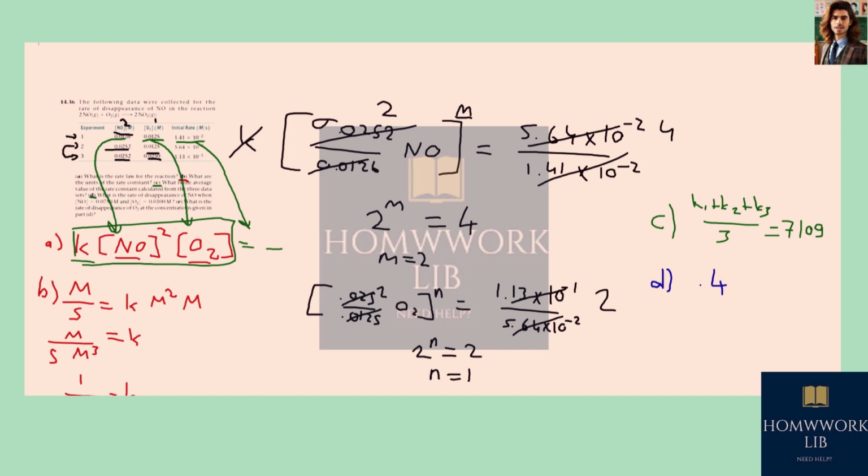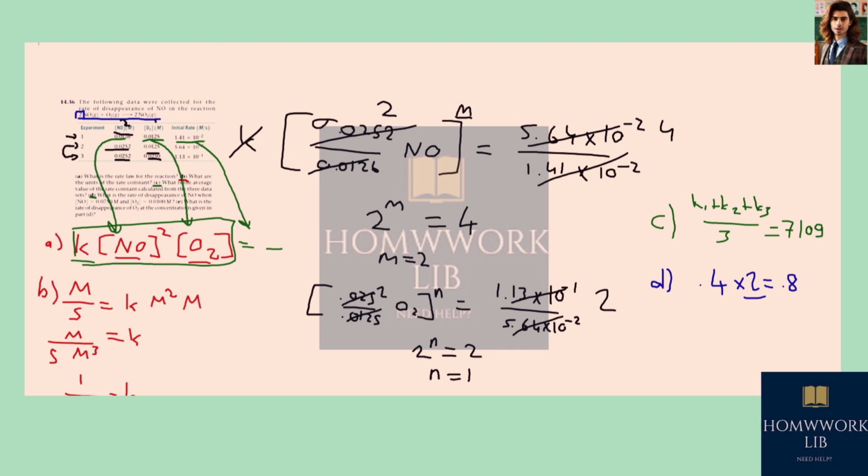But 0.4 is not the rate of disappearance of NO because this is our reaction. And the rate of disappearance of NO is going to be twice as much as the initial rate. So if you multiply this by 2, it's going to be 0.8. Now, how we get this number is because there are 2 NO.